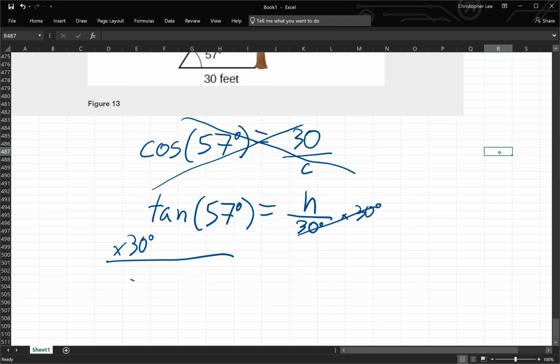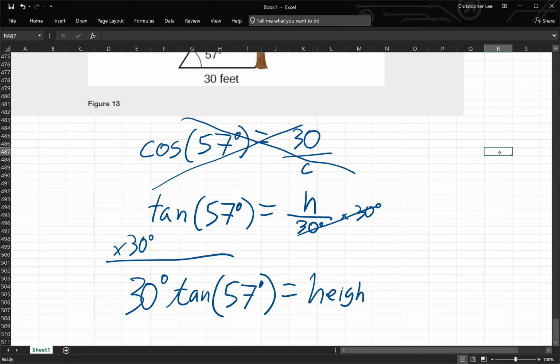So what's my final answer? 30 times tan 57 degrees is equal to the height of the tree in feet. The rest of that is calculator, so that doesn't even matter. Do we get the idea here?